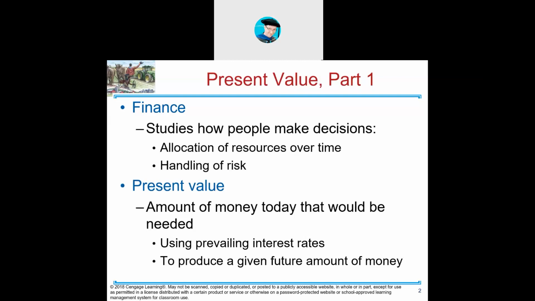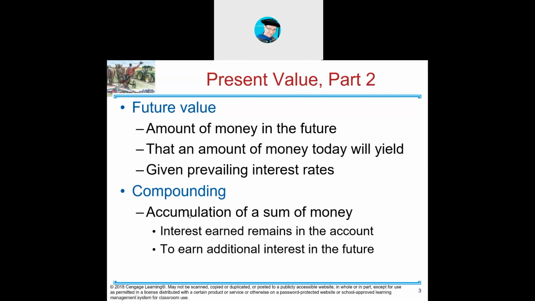What the present value tells us is the amount of money today, what we would need in order to generate an amount in the future using the current interest rates. So how much would I need to invest today in order to generate $200 in a year from today or 2 years from today at an X% interest rate? That's the idea of present value.